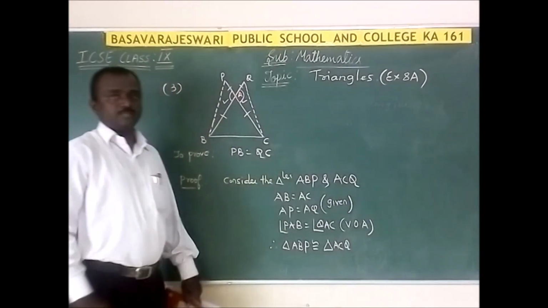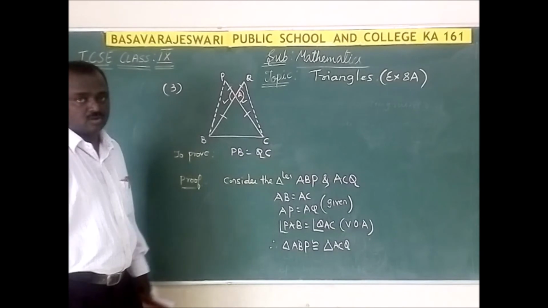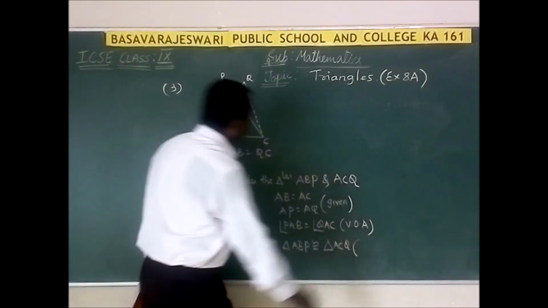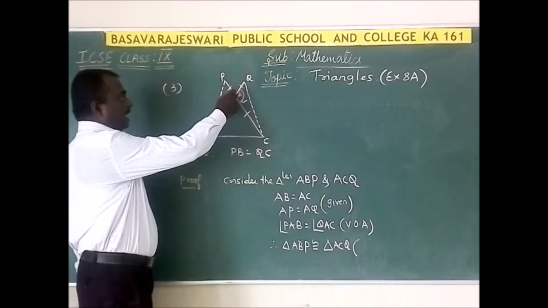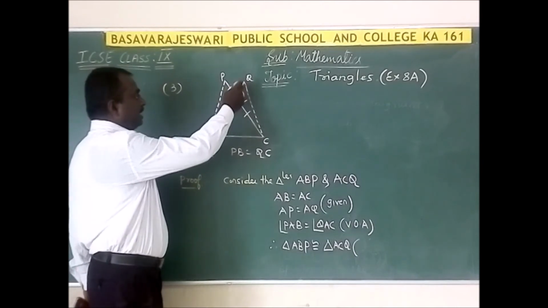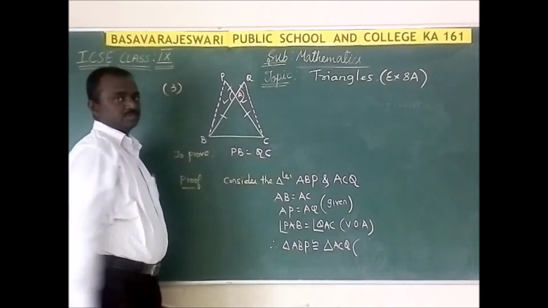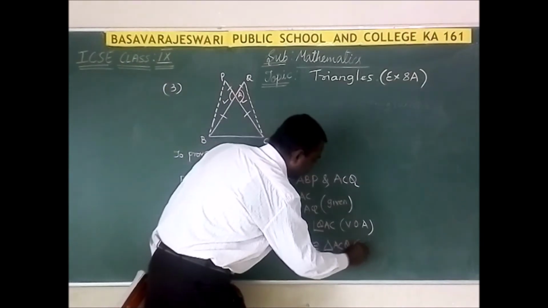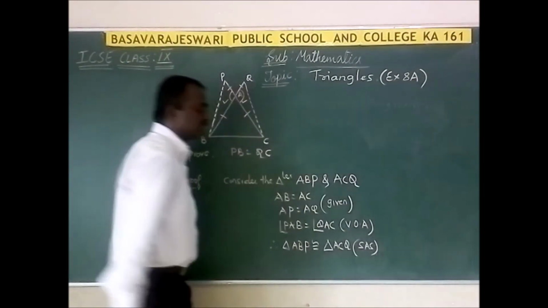Can you say on what basis we have proved these two triangles are congruent? On what criteria? Side, angle, side. That is SAS. It is based on SAS.